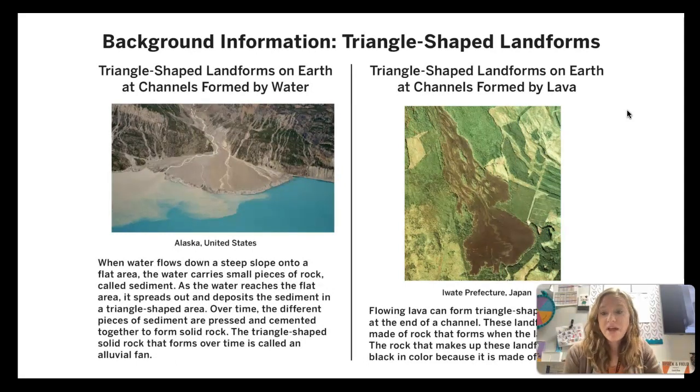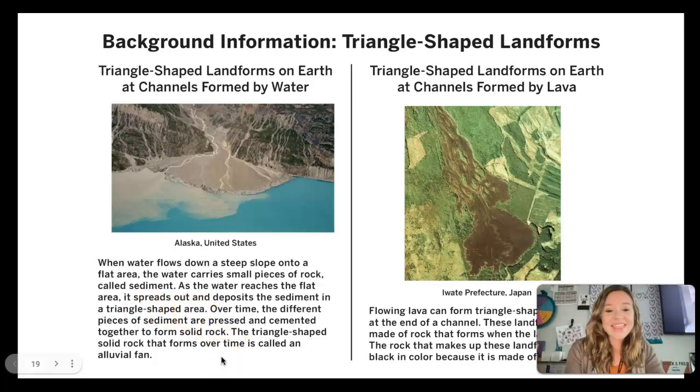So here's a little bit of background information on triangular-shaped landforms. Scientists use background information to support their claims with evidence, and to support their reasoning. On the left side, the triangle-shaped landform on Earth formed by water. When water flows down a steep slope onto a flat area, the water carries small pieces of rock called sediment. As the water reaches the flat area, it spreads out and deposits the sediment in a triangle-shaped area.